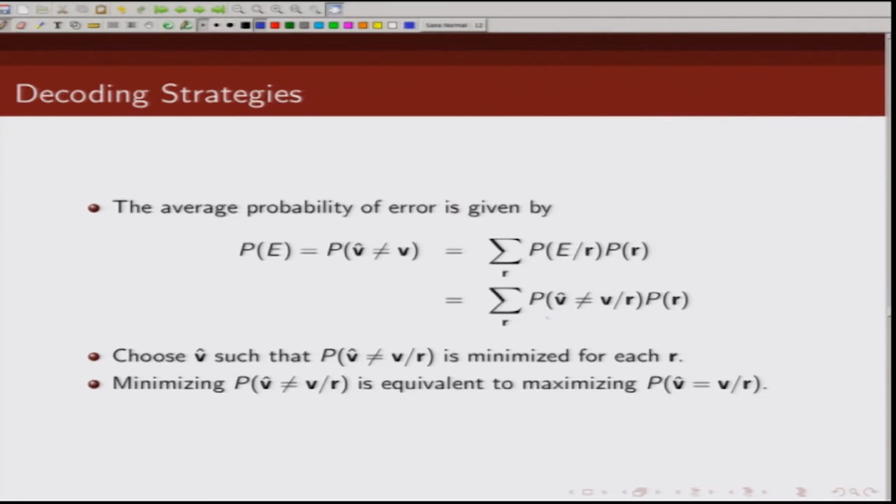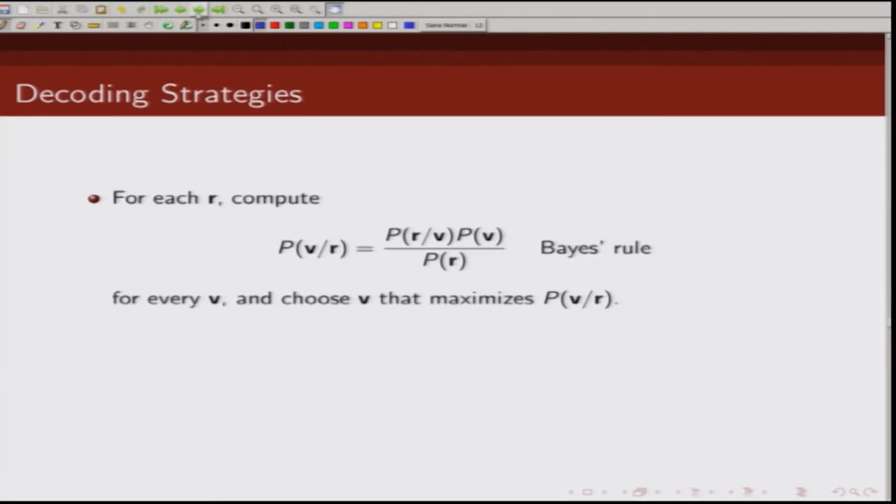Now, minimizing this term is the same as maximizing this term, correct. Minimizing the probability that V hat is not V given R is equivalent to maximizing the probability that V hat is equal to V given R. Okay. So, we have to maximize this.